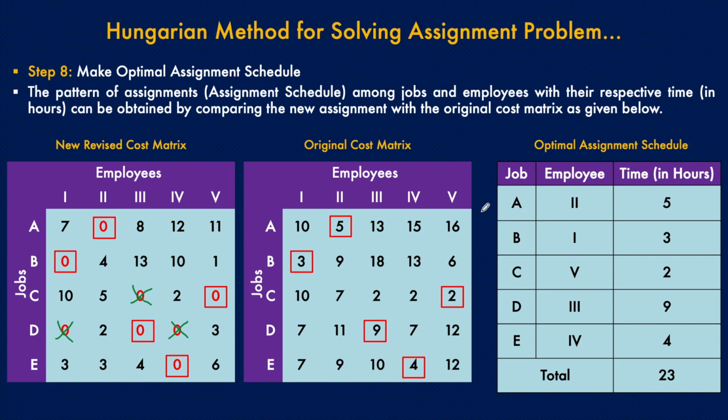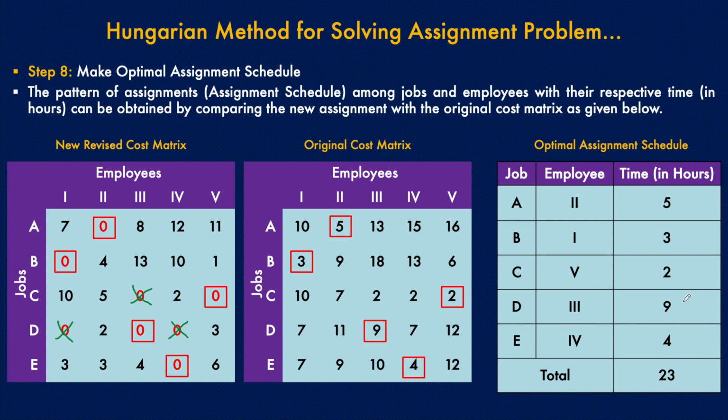These 5 jobs, job A, B, C, D, E. First job is assigned to the second person and he will take 5 hours to complete it. Second job is assigned to the first person like this and he will take 3 hours to perform it. Similarly, for C, D, E, jobs will be allocated to the 5th, 3rd and 4th employees and their corresponding times are 2, 9 and 4 hours.